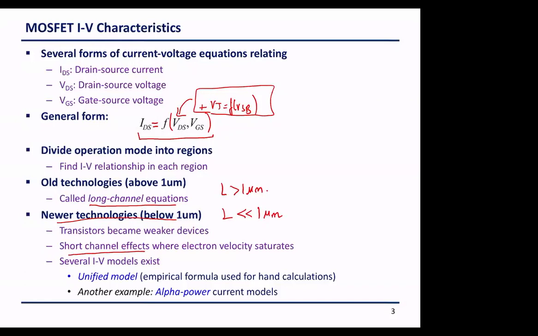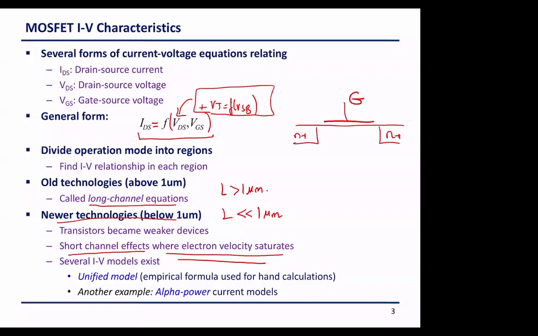This is due to the fact that the electron velocity saturates. What does it mean that the electron velocity saturates? We said that in my transistor, I will have N plus, and here I will have the gate node.